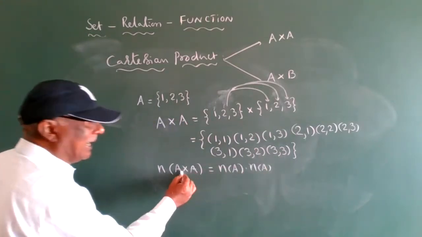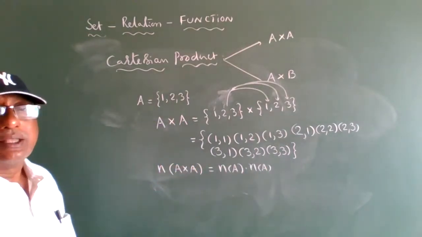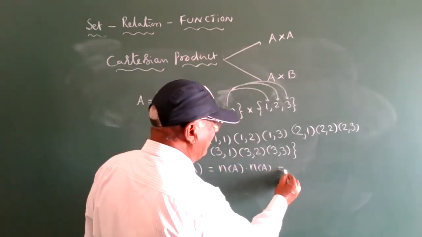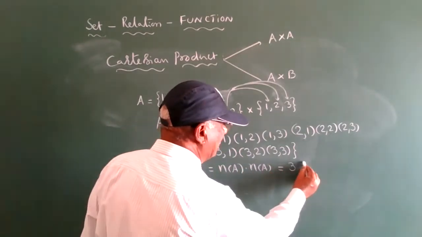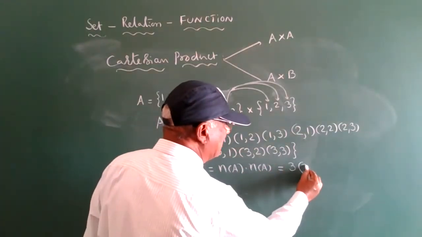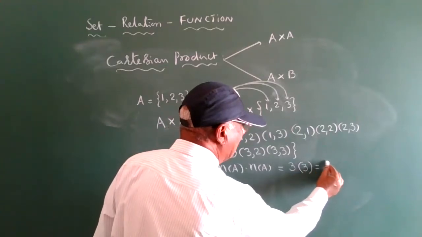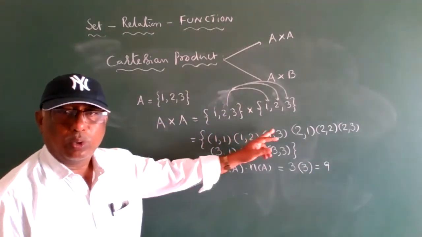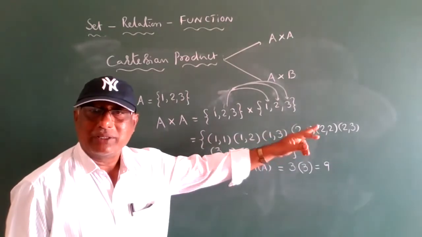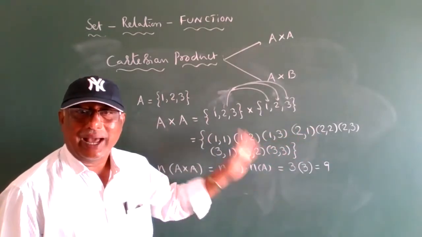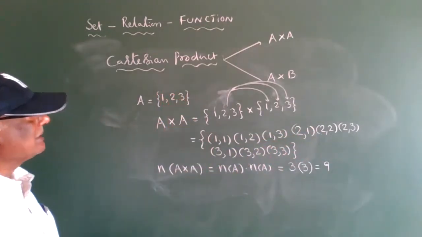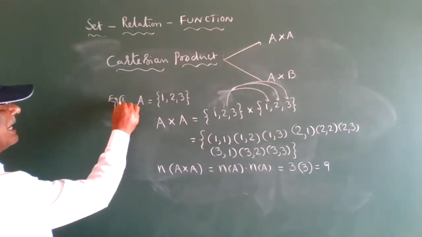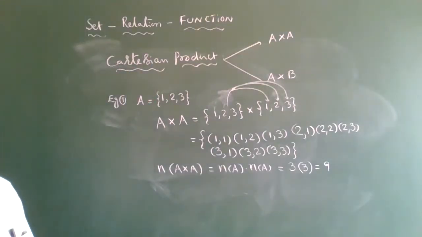First set is A, second set is also A. Number of elements in the first set is 3, in the second set 3. 3 into 3 is 9 elements. Count: 1, 2, 3, 4, 5, 6, 7, 8, 9. This is the example for single set Cartesian product.